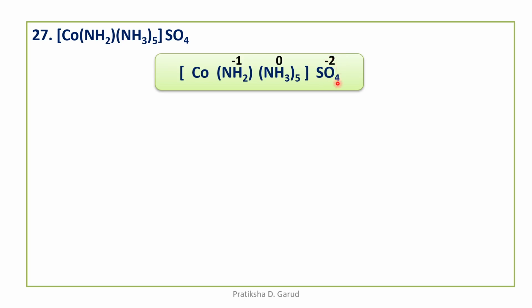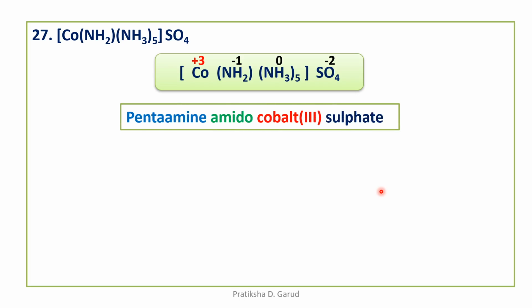As it is having the charge -2, the complex should have the charge +2. So the oxidation number becomes +3. So the name is pentaammine, as there are 5 ammonia, therefore it is pentaammine, then amido cobalt +3 sulfate. It is pentaammine amido cobalt +3 sulfate.